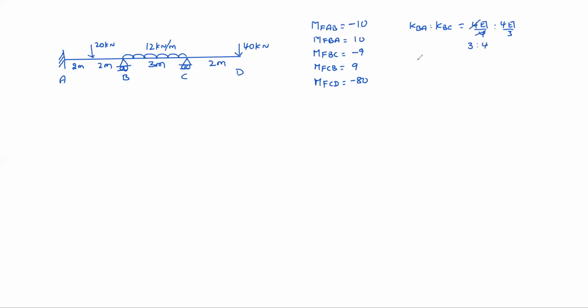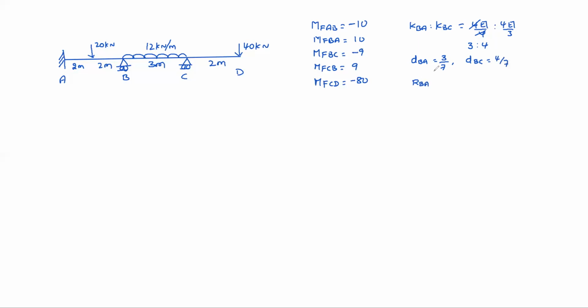So distribution factors, DBA equal to 3 by 7 and DBC equal to 4 by 7. Rotation factors.